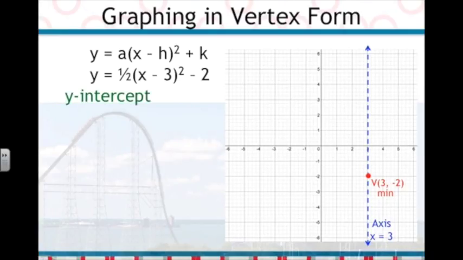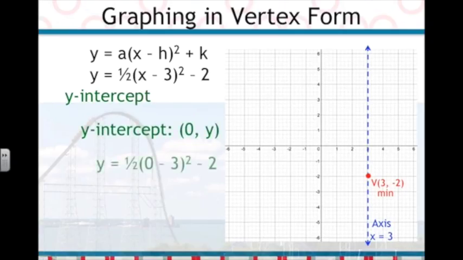The next feature we need to find is the y-intercept. The y-intercept is on the y-axis, which means it is a point with 0 as the x-coordinate. So we need to substitute 0 in for x in the equation. Now we have the equation y equals 1/2 times the quantity 0 minus 3 squared minus 2.